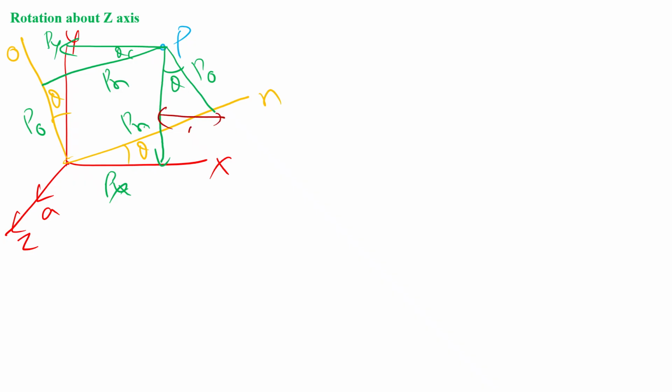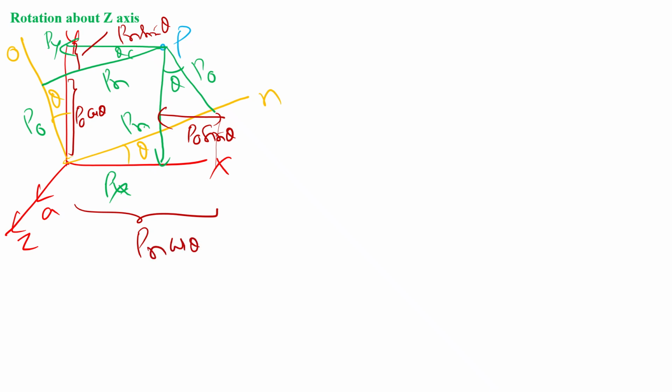This point is Po sin theta. And this point is Pn sin theta. And then this point is Po cos theta, and here this point, because here is theta up to this, is Pn cos theta.